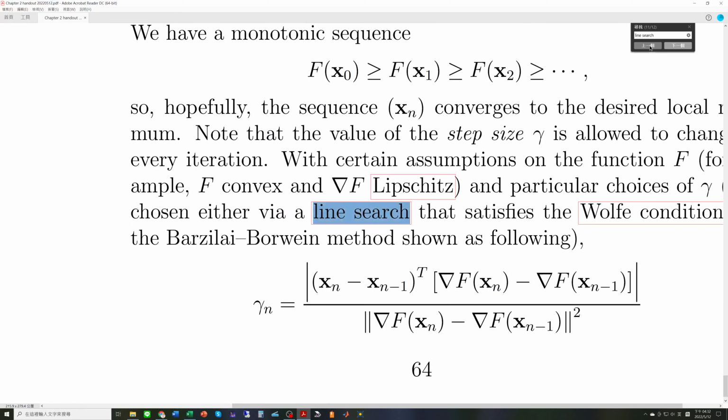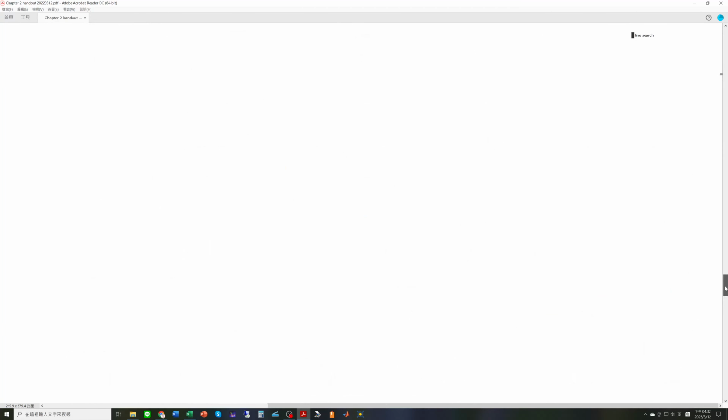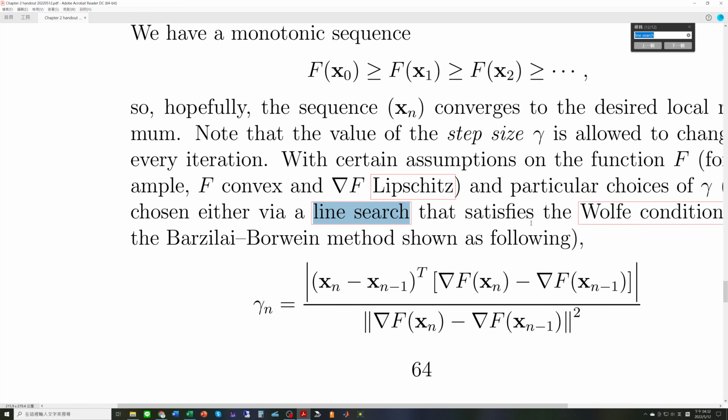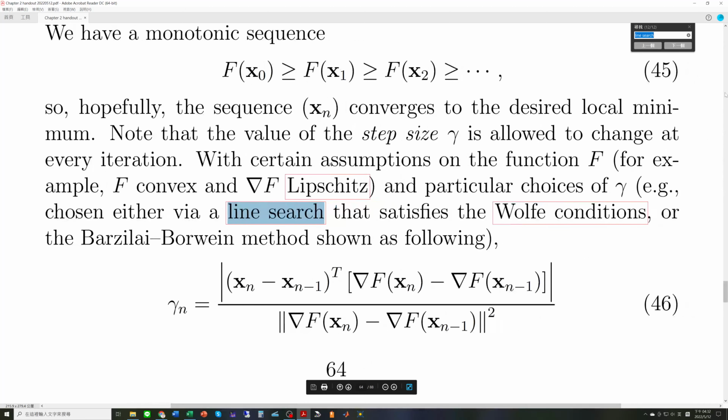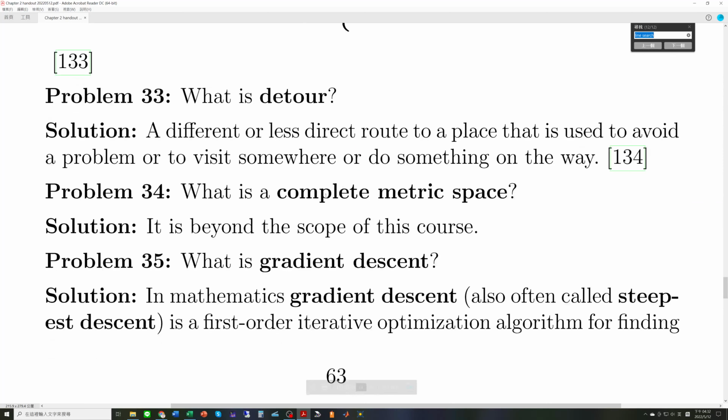Line search appears in the solution to the previous one, problem 35, what is gradient descent?